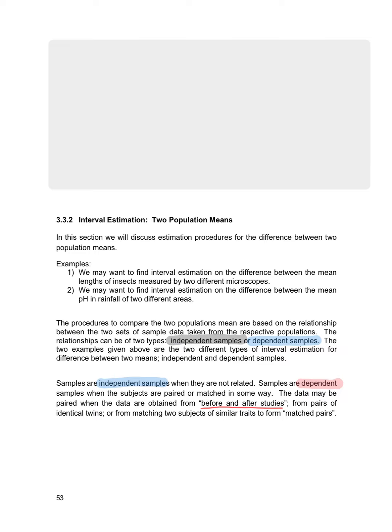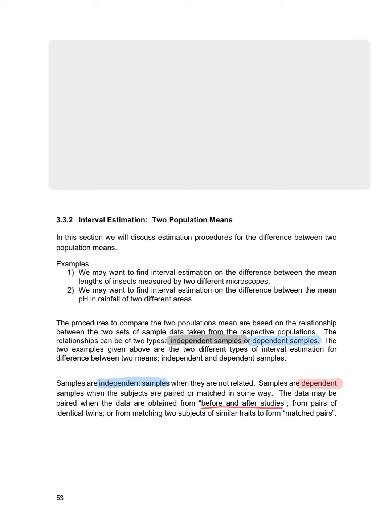I want to know whether there is any difference in their statistics score before and after they take the course on the statistics subject. So I have one subject group, and the subjects here are AP students.